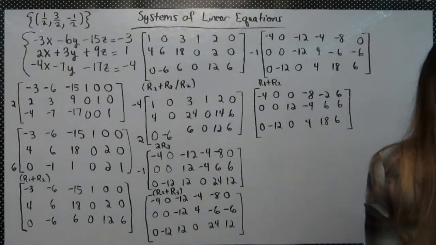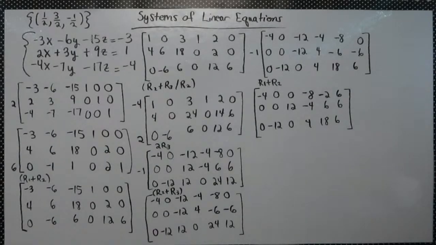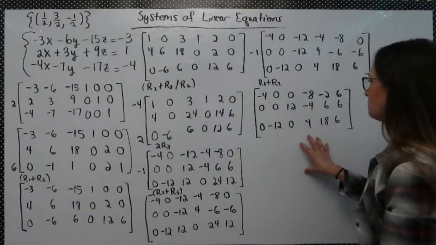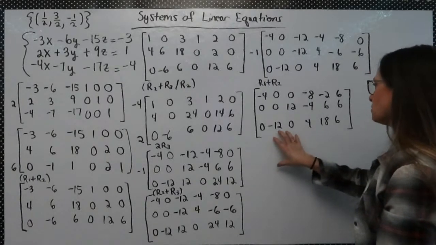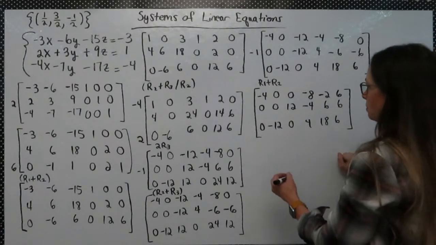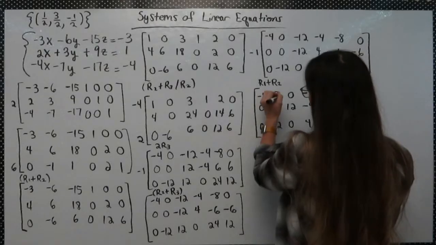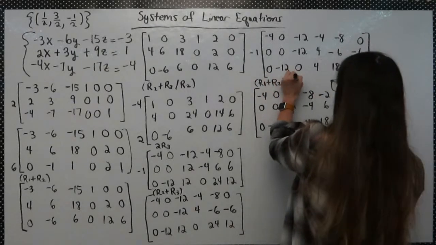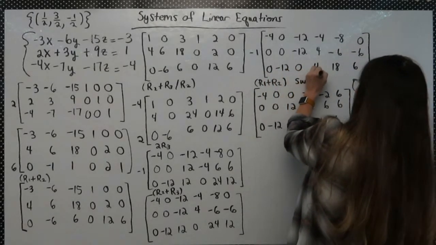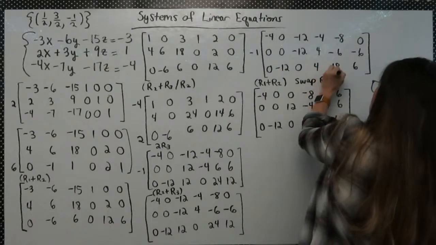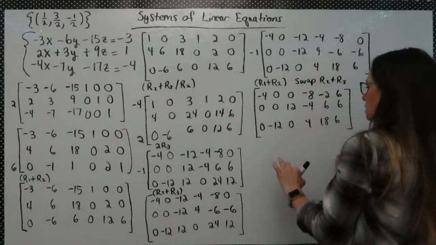All right, I think we're good. So we want the identity matrix. So what we have to do is we have to switch out. So we're going to swap row 2 and 3. Okay, so let's do that.